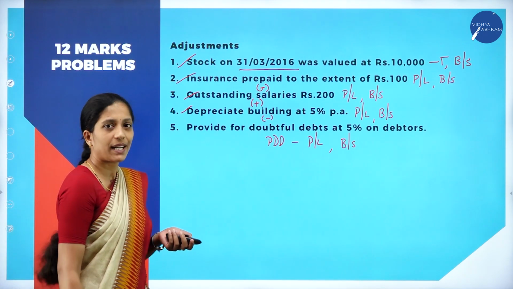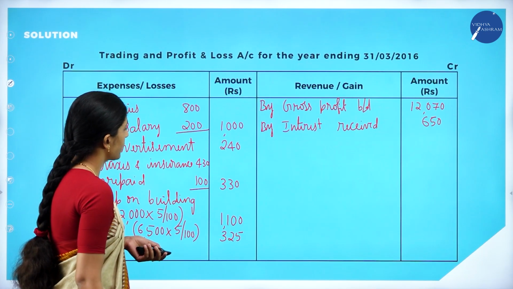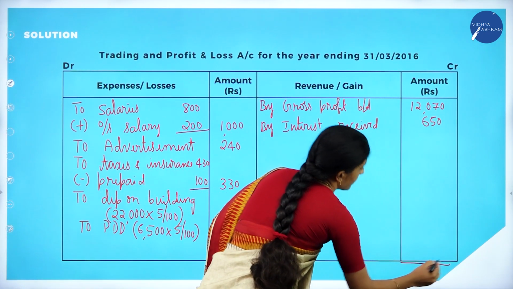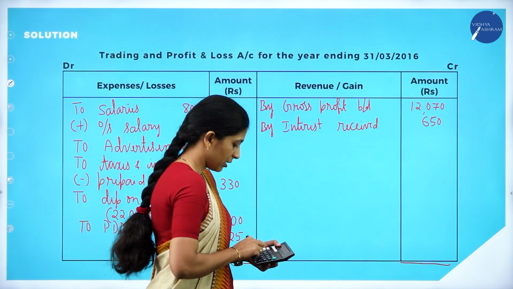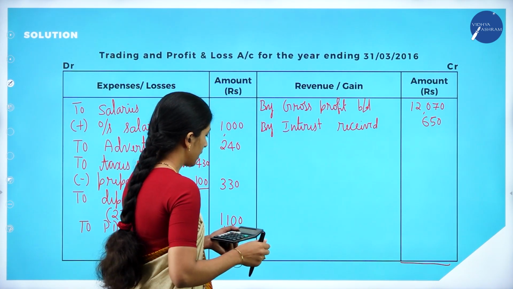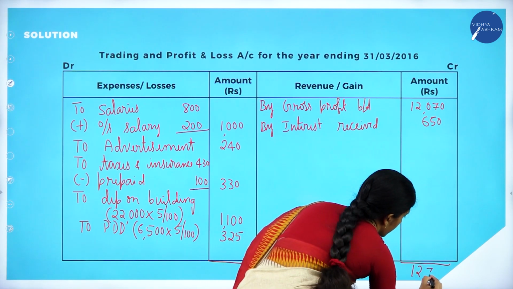And the adjustments, whatever adjustments we have, have been recorded at least once. Now we shall see whether it is net profit or net loss. When you balance, let us see what is net profit. 12,070 plus 650, so we'll get 12,720.